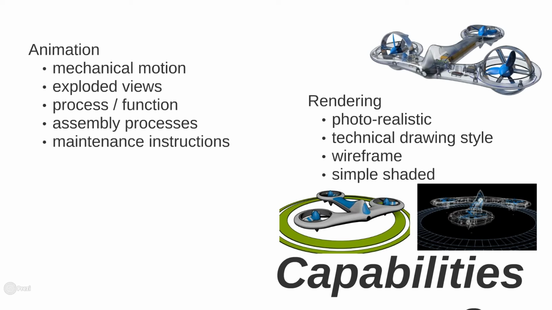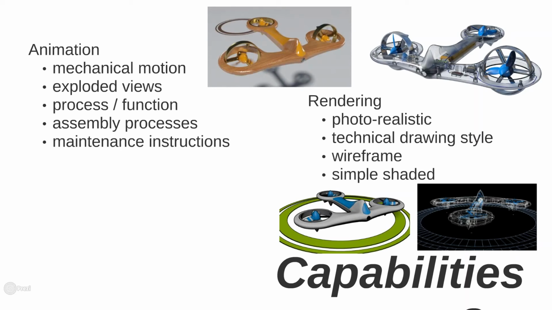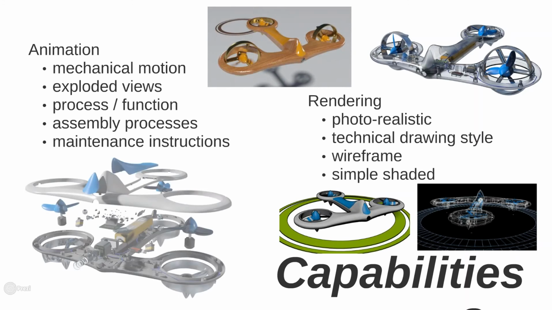Another one of the main capabilities of 3ds Max is the animation. This is really where 3ds Max can shine over a lot of the other Autodesk products. Whether you're doing a specific mechanical type motion for your product or even creating things like exploded views or descriptive views or animations that basically show how something functions or how a process works, shows how something is assembled or maybe even maintained, 3ds Max can help with all of those types of areas.